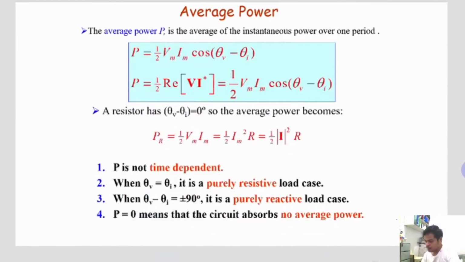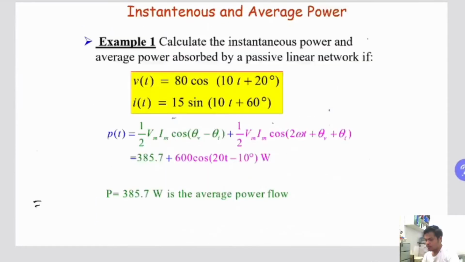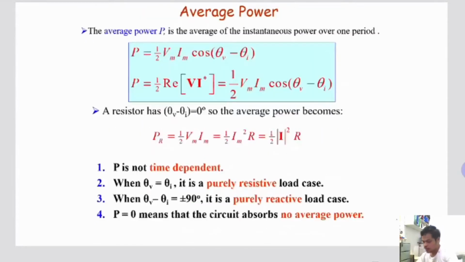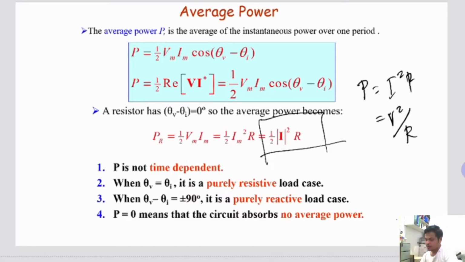So we can determine the average power by taking the real part of this apparent power. From that we can also write average power in terms of angle, and to determine the average power of a resistor, we can make use of this formula in terms of complex.